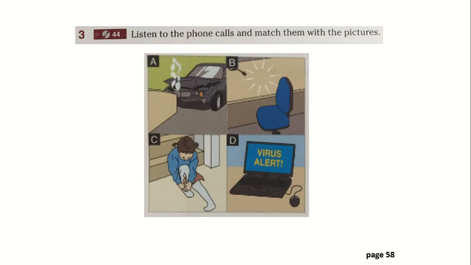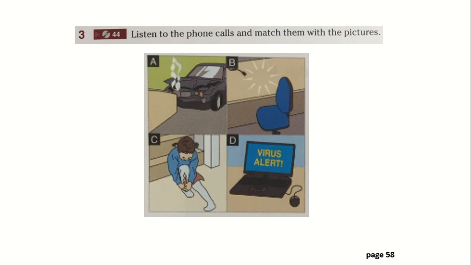Unit 8, recording 44. Call number 1. Hello? Hello? Is that security? Yes, security here. How can we help? Some thieves have broken into my office. They've taken my computer. Call number 2. IT department, how can I help you? Is that the IT hotline? Yes. What's the problem? Something has happened to my computer.